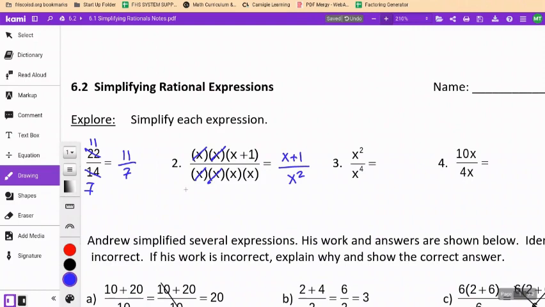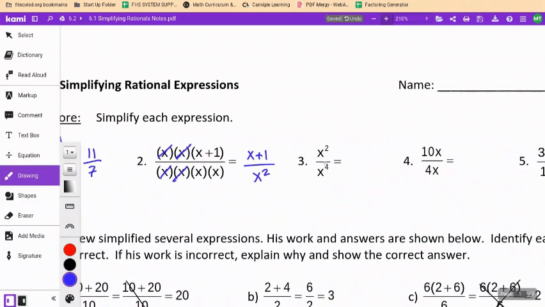Okay, and then number 3, same idea as number 2. This just is not expanded. So if I were to expand this fraction, I would have x times x in the numerator and x times x times x times x in the denominator. And again, I could cancel out an x for an x as long as it's in the numerator and the same thing is in the denominator, okay?